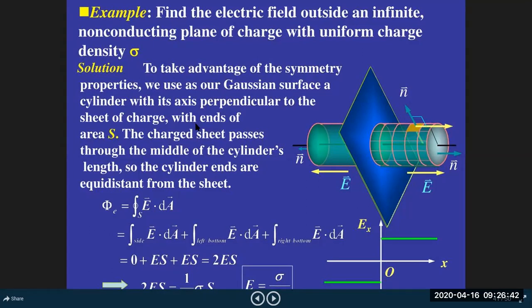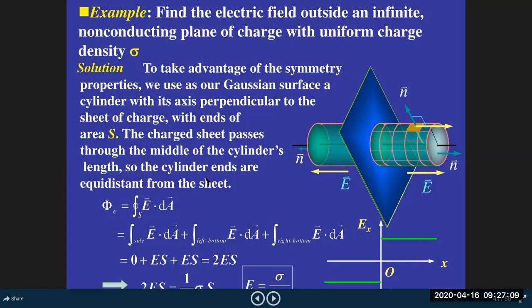with axis perpendicular to the sheet of charge, with end surface area S, or we can say dA or dS. The charged sheet passes through the middle of the cylinder's length.